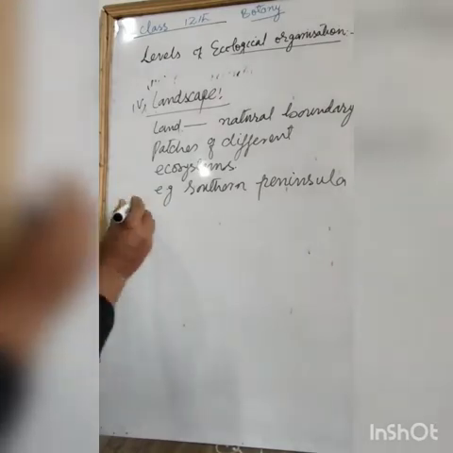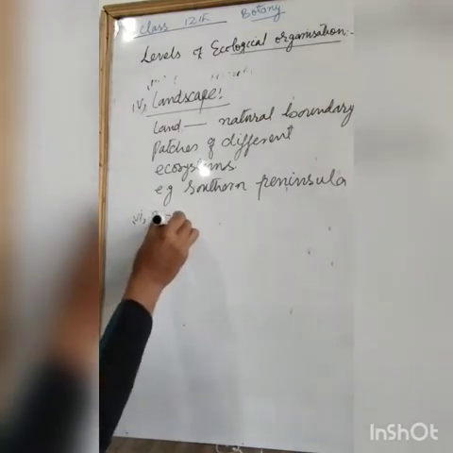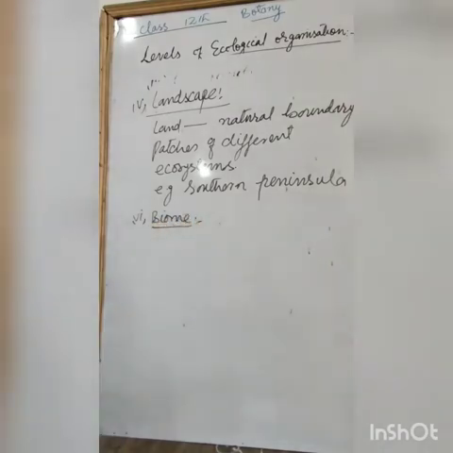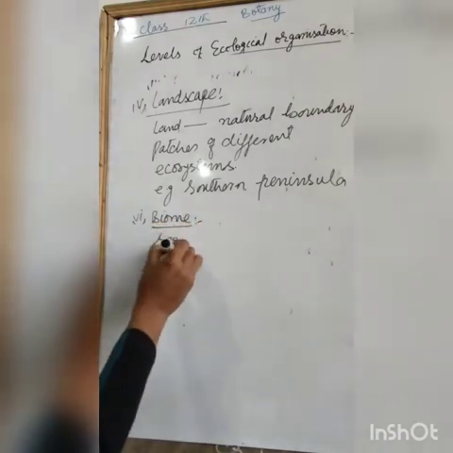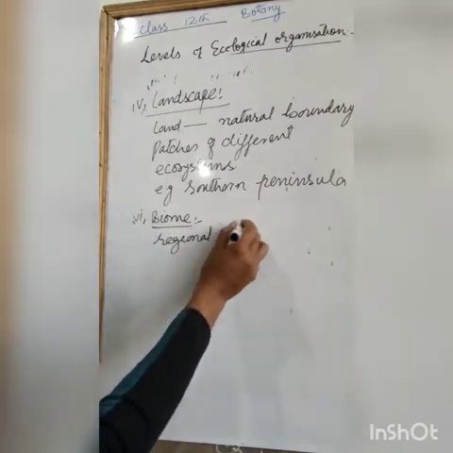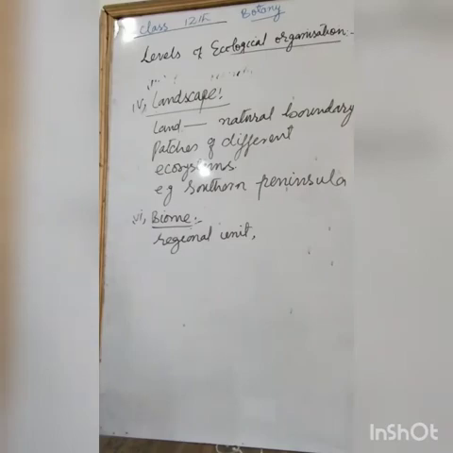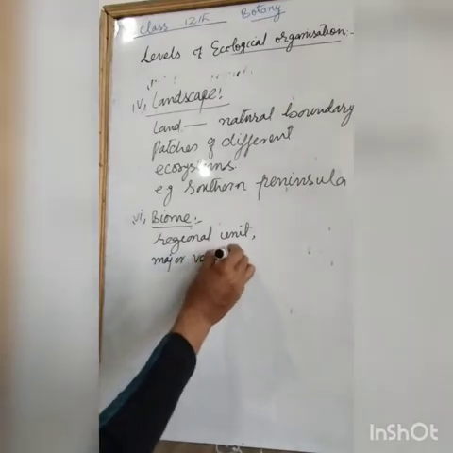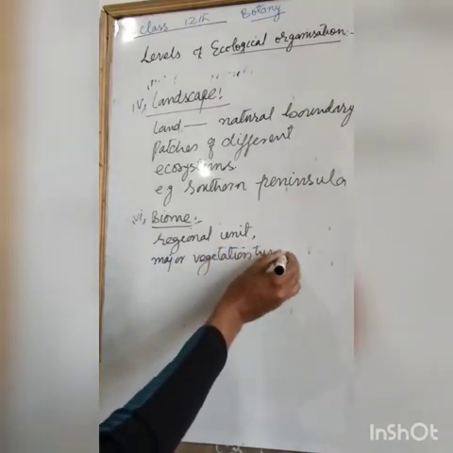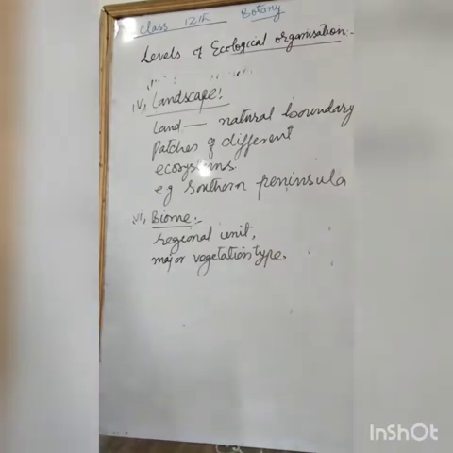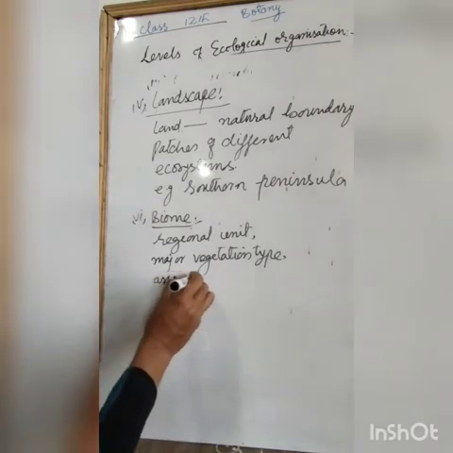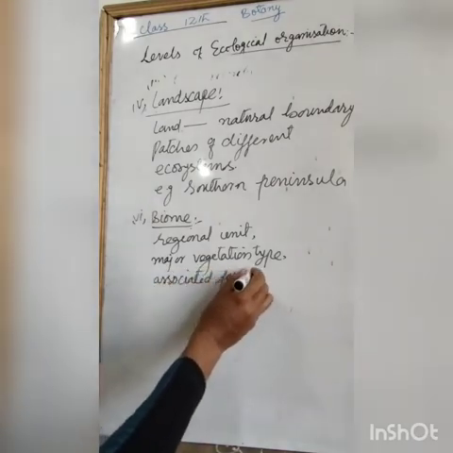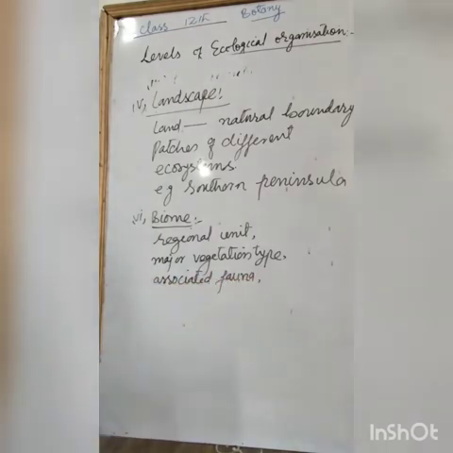We have another level of ecological organization, that is biome. Biome is a large regional unit which consists of a major vegetation type and associated fauna in a particular climatic zone.